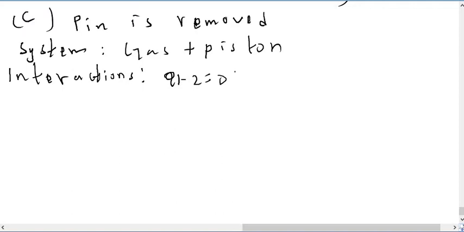Copper is inside adiabatic membrane, so no heat transfer, and also no work transfer, no heat, no work.